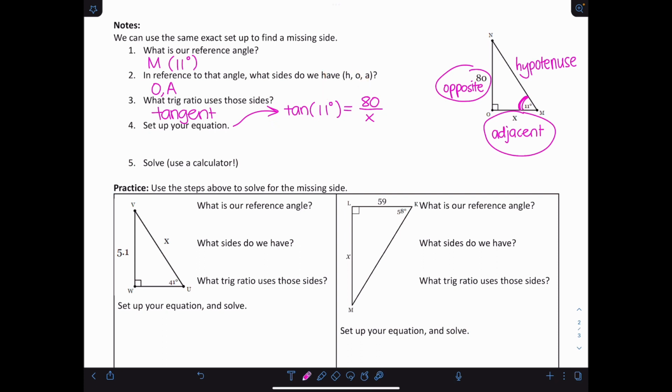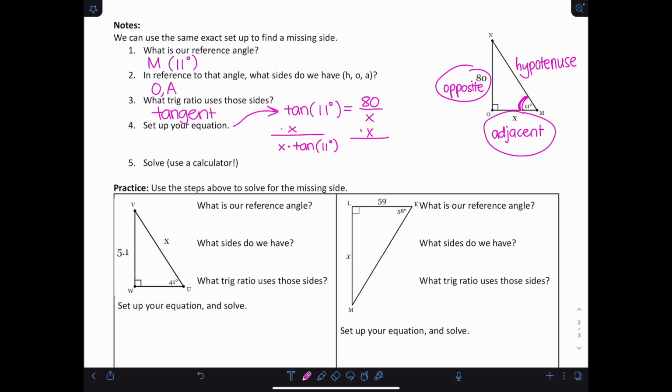Now we need to solve for x. We want to get x by itself, so I'm going to get it out of the denominator here by multiplying both sides by x. If I multiply this side by x and multiply this side by x, on the left I will have x times the tangent of 11.